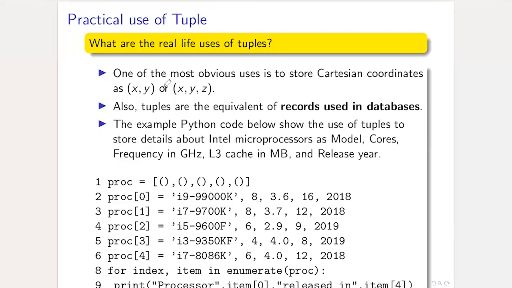Suppose I have an example here. I want to create a database of Intel processors and store some information. If you look at the new Intel processor series, each processor has a name like i9, i7, like that, and then there is a number. The i stands for Intel.